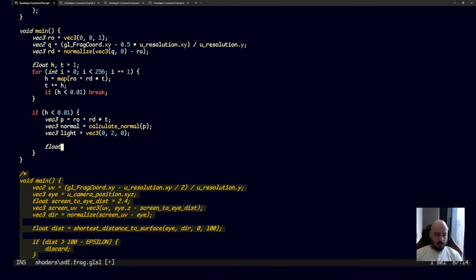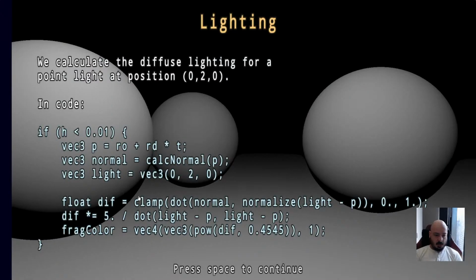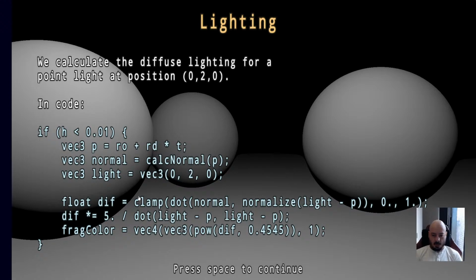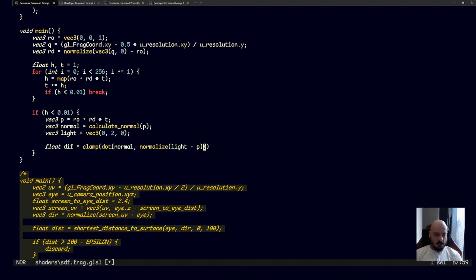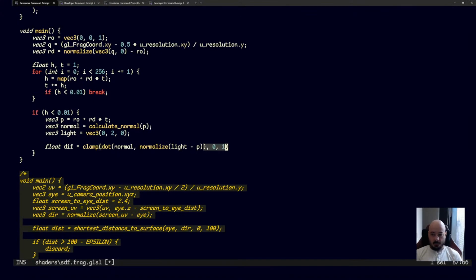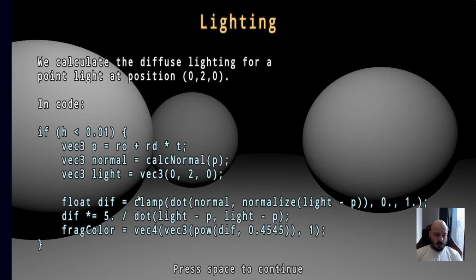Clamp dot normal, normalize light minus P, and then 0 and 1, not 0.1 and 1. Multiply it by 5 divided by the dot product of the light direction to the point again.